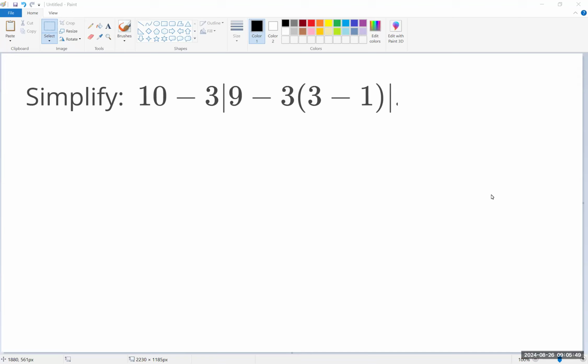So there's a few things in here that might give you a little bit of trouble, and it's worth me maybe off to the side just writing down something you're probably familiar with, which is PEMDAS.